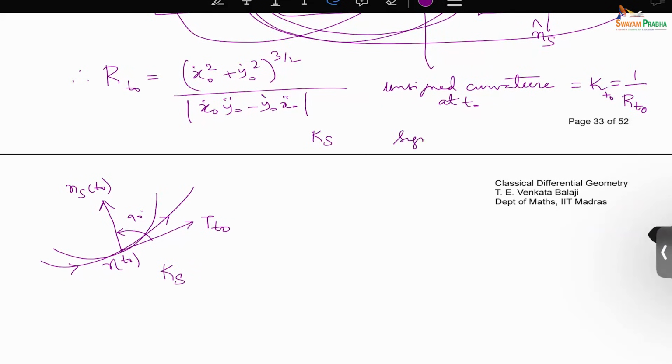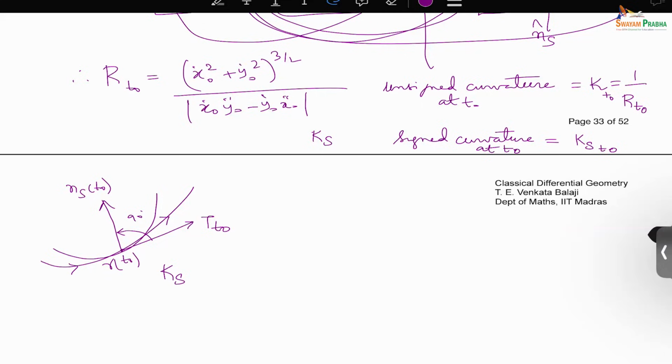So here what is happening is that here the signed curvature, so let me write this here, signed curvature, and this is going to be at t naught, we are going to define it to be Ks(t naught). Okay, and what is the definition of signed curvature? It is written in such a way that this sign problem is fixed.